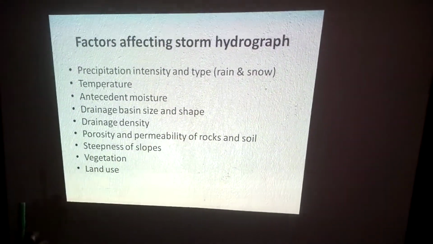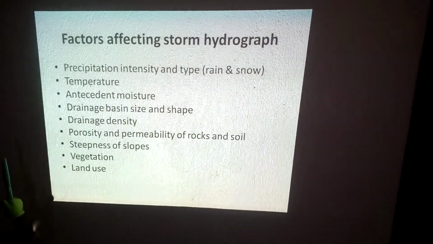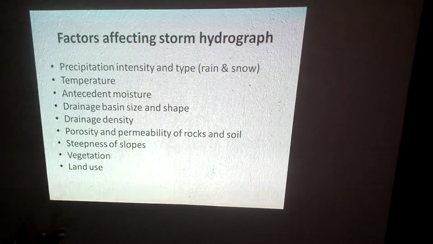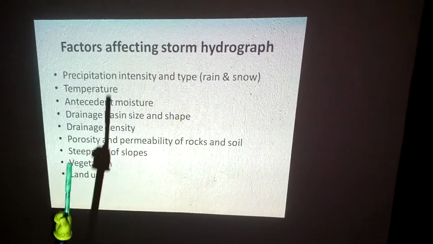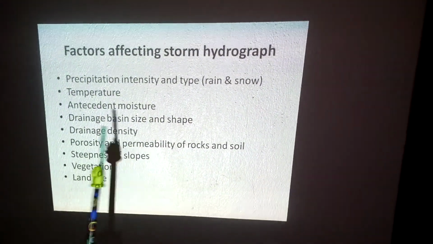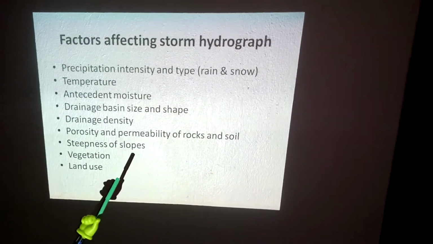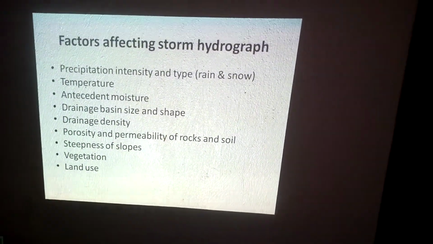So the shape goes with the dendritic or centripetal. Normally centripetal shapes result in higher peak discharges than parallel, dendritic or radial ones.